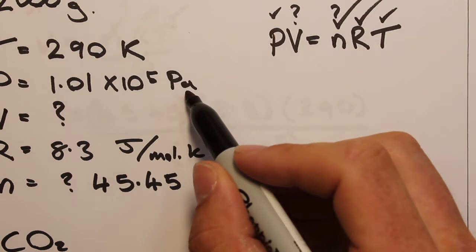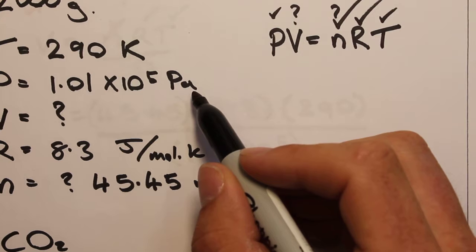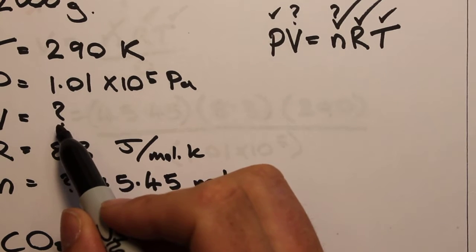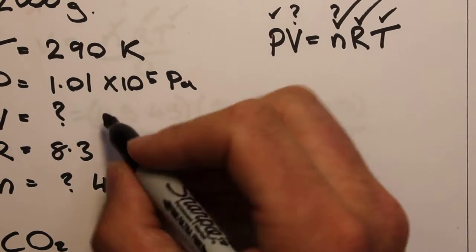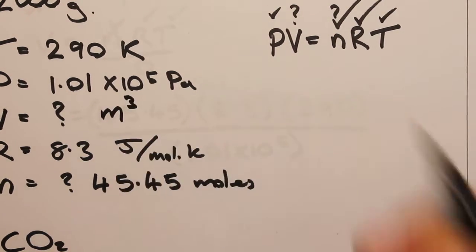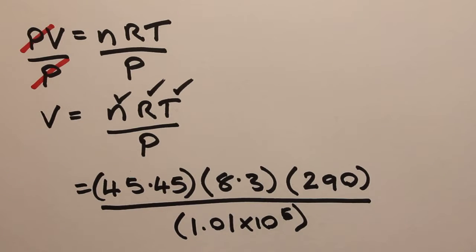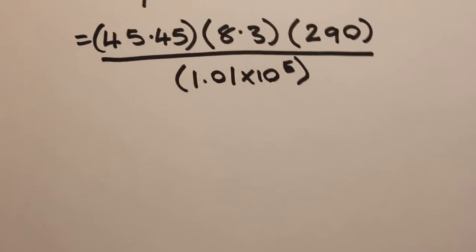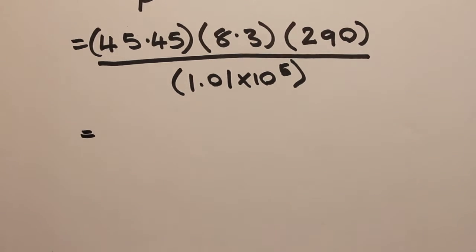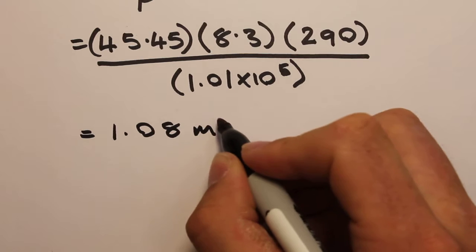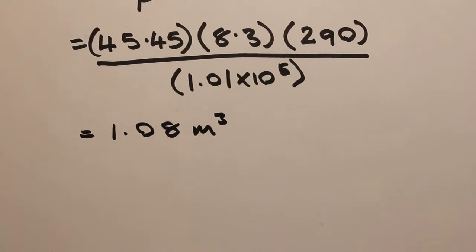We're given pascals, we need to work in pascals. And we're going to have a final answer of volume in meters cubed when we use these units. So we have to use those units. So this is going to equal 1.08 meters cubed when we solve that.